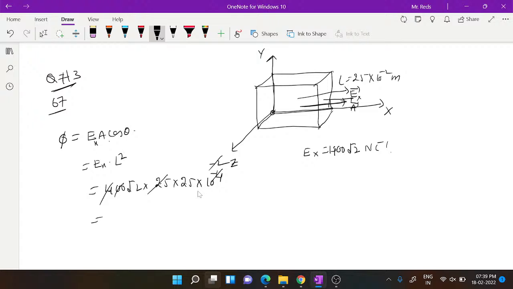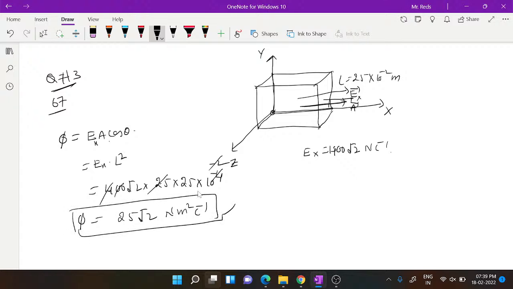So this becomes 25 root 2, the total flux. The unit of flux is E into A, Newton per coulomb into meter square, so the unit of electric flux is Newton meter square per coulomb. So the answer is 25 root 2 Newton meter square per coulomb.